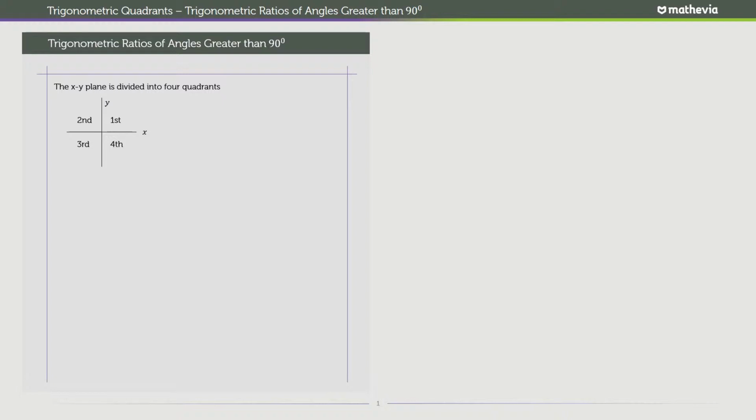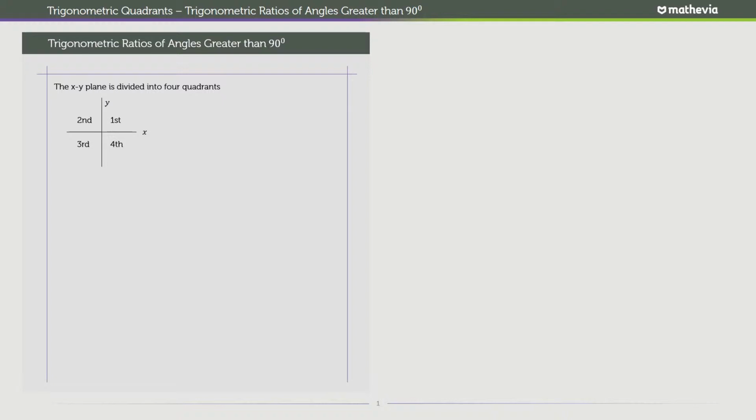But when we're doing angles, we're actually going in the reverse: from 3 to 12 to 9 to 6 and back to 3. So we're going anti-clockwise. So we have our first quadrant, second quadrant, third quadrant, and fourth quadrant.